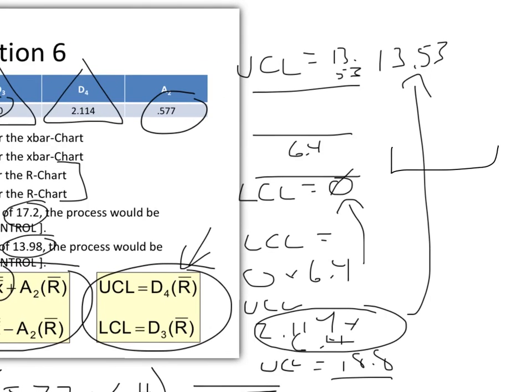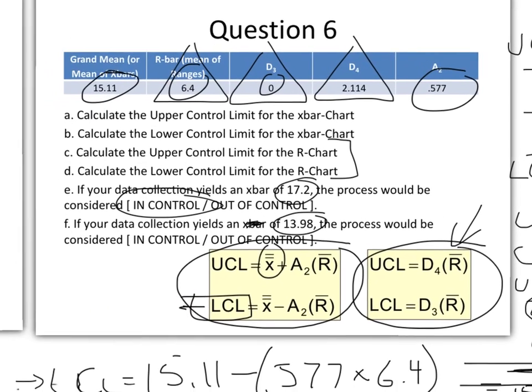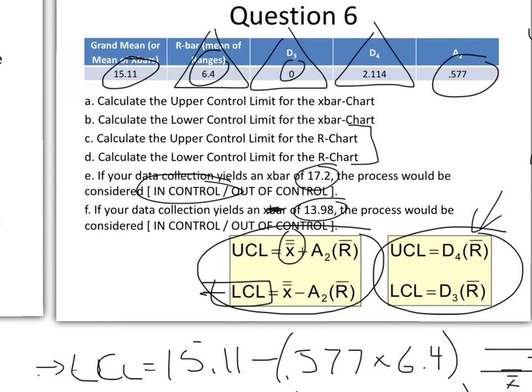If we were to draw that, 0 to 13.53, and we had something that fell outside of that at 13.98, that would be out of control. That is outside the control limits, and therefore that result would be said to be out of control, and investigation would be required.